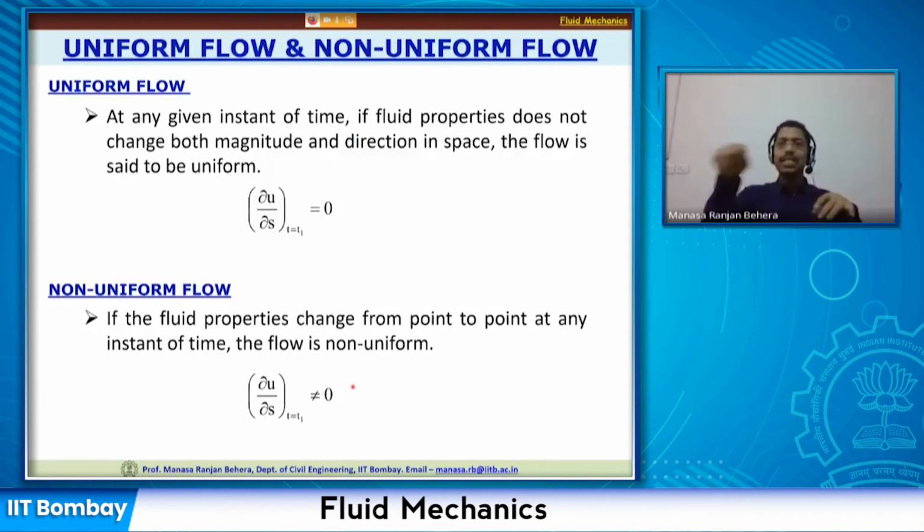In space, everything is the same. At any given instant of time, if the fluid properties do not change both in magnitude and direction in space, the flow is said to be uniform. Basically, for any property, say velocity, dou u by dou s, where s is in space, at a given time is equal to 0.